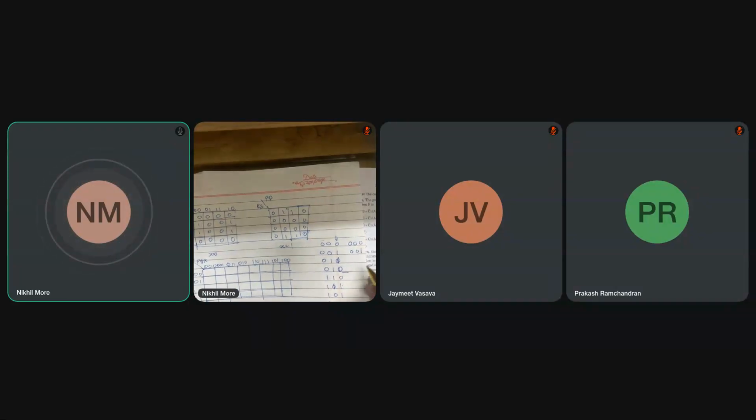But coming to the next increment, if we again flip the rightmost binary bit, we would go back to 000. So in that case, we take the next binary digit that is available and just flip it. So here we have switched the middle digit, the second from right, and we get 011.